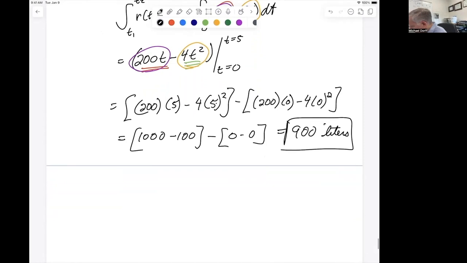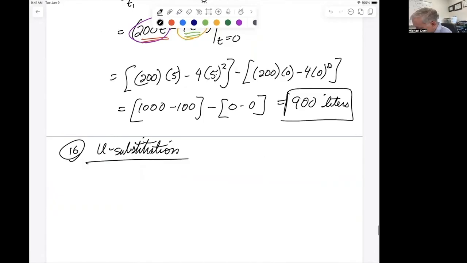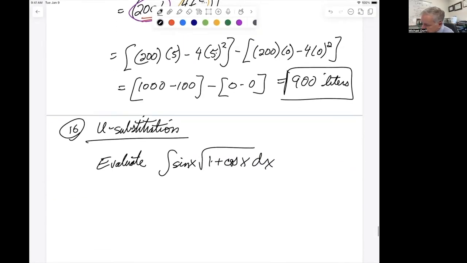All right, I'm going to do one more example. This is going to be a u substitution. We're supposed to evaluate the integral of sine x times the square root of 1 plus cosine x dx. I need to do a u substitution on this one because I don't know the antiderivative of it.